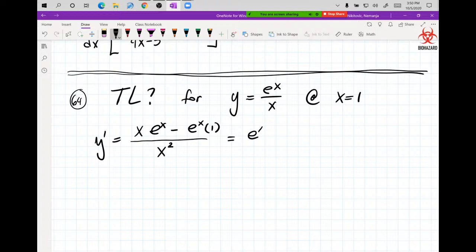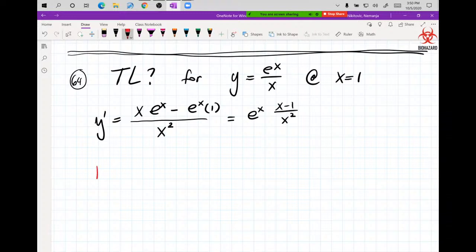We kick out e to the x, and you are left with x minus 1 over x squared. So this is your derivative. And I'm going to write this in blood right here. Slope of the tangent line is your derivative computed at value a.